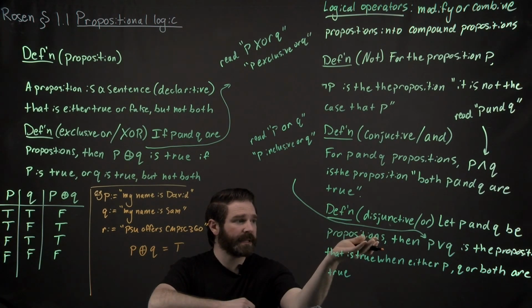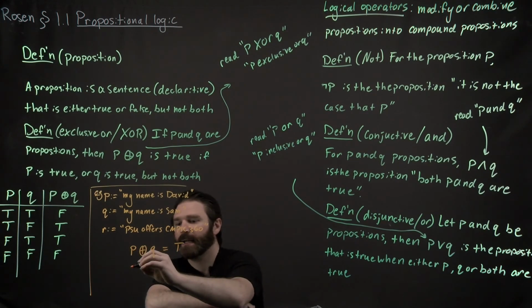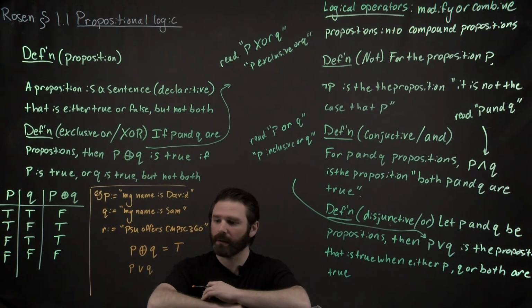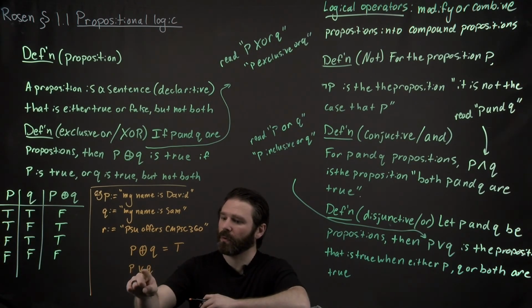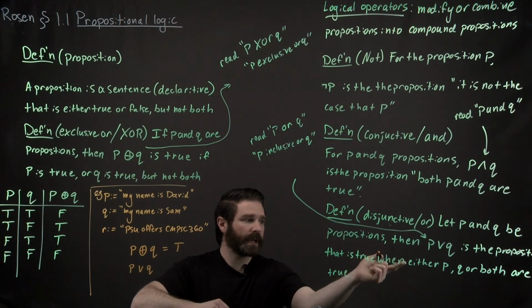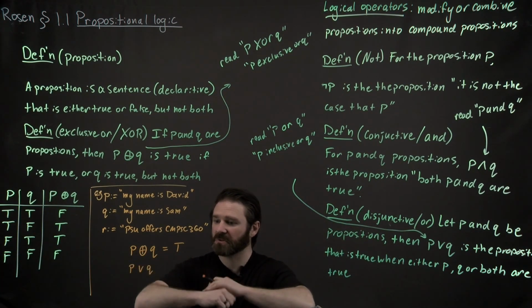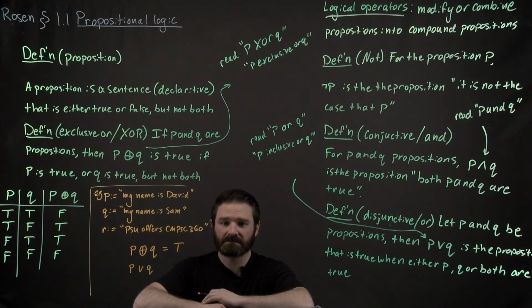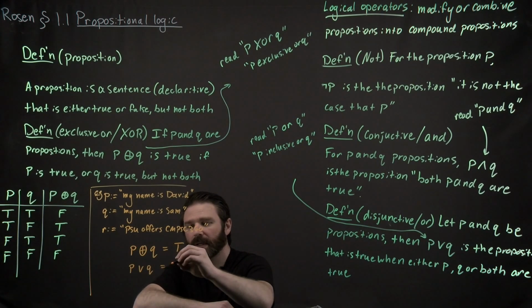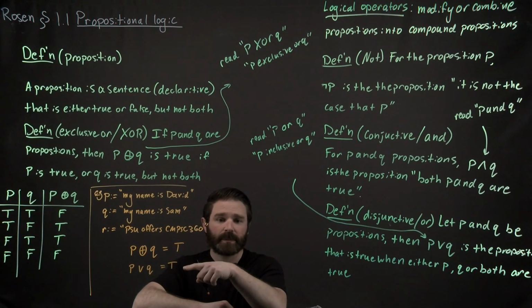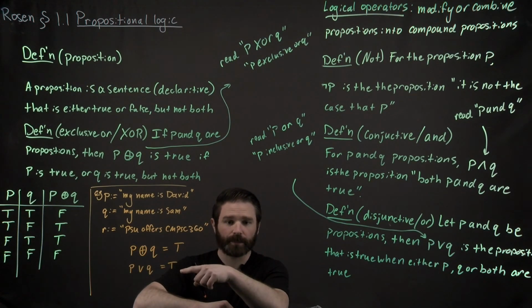But if we were to look at the disjunctive or instead, P or Q right here, well, this takes on the truth value true when either one of them is true. Okay, so in this case, P is true, Q is false. That's fine. This compound expression has a truth value of true.